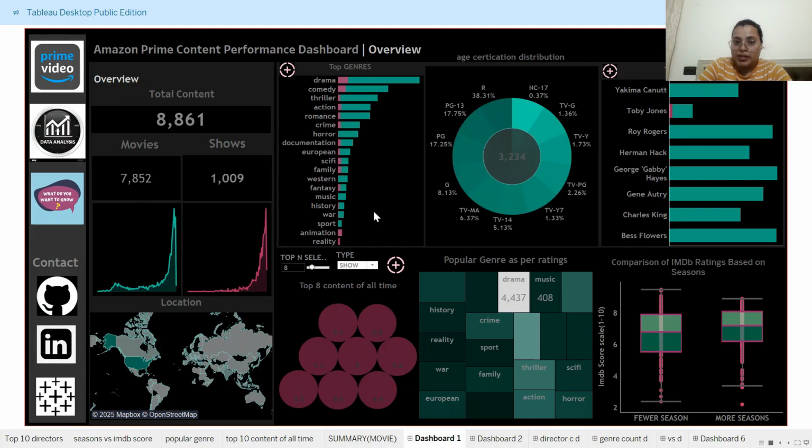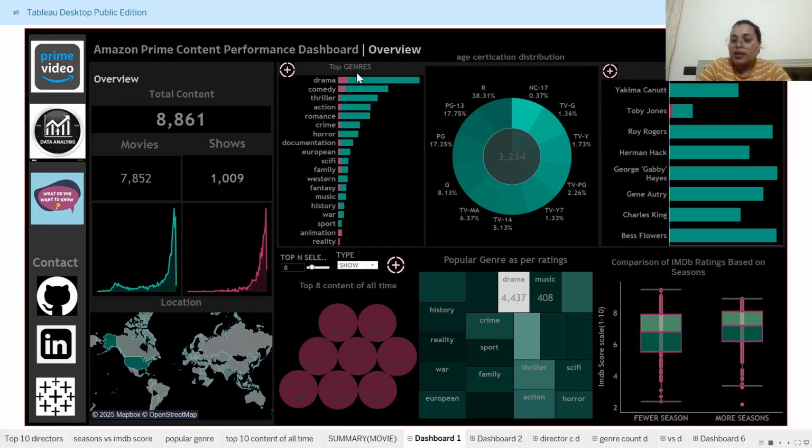What about the ratings? What about the number of genres? As we saw in the previous video, we have more than one genre in one particular movie or show. So that would also be a factor in whether the IMDb rating goes high or low.